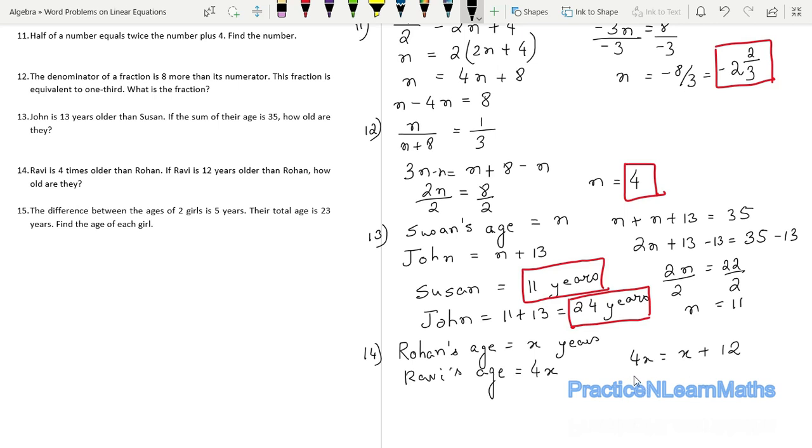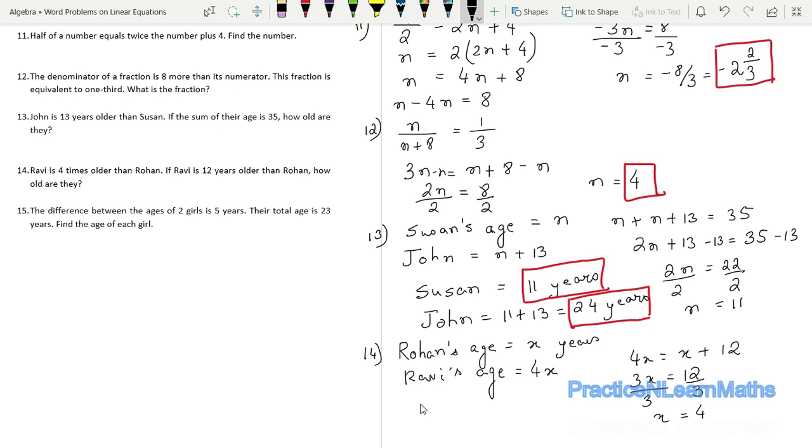Subtract x from both sides, we get 3x is equal to 12. Dividing both sides by 3, we get x is equal to 4.